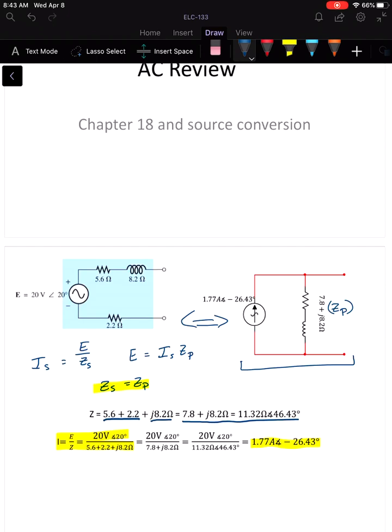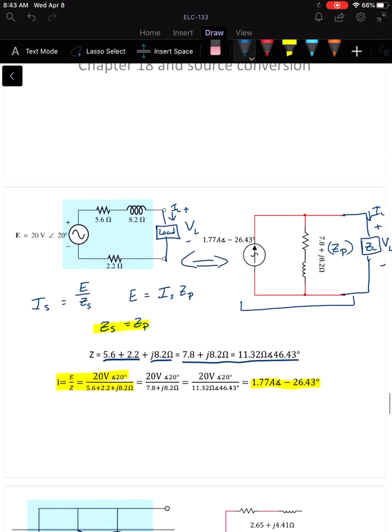When we do a source conversion, what we're saying is that when we apply some kind of load out here, the voltage and the current would be the same no matter which source we use. Remember, that's really what we're saying, is that IL in both cases would be equal and VL would be equal as well. You can even plug in some impedance on your own and check to see that that's indeed true.